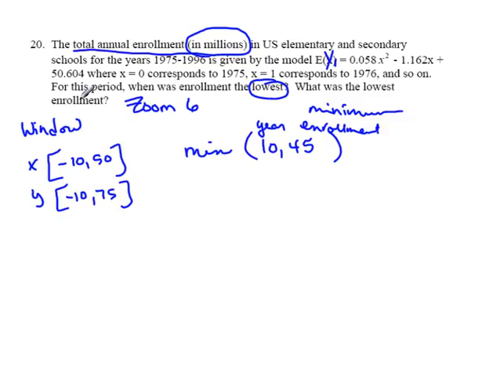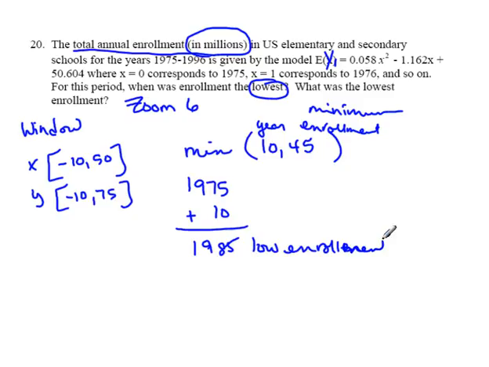All right, so now let's answer the question. For this period, when was enrollment the lowest? When means what year? So 1975 plus 10 years, because remember 0 started at 75, gives us 1985 as the year that was low enrollment. Okay, enrollment, spell that right.